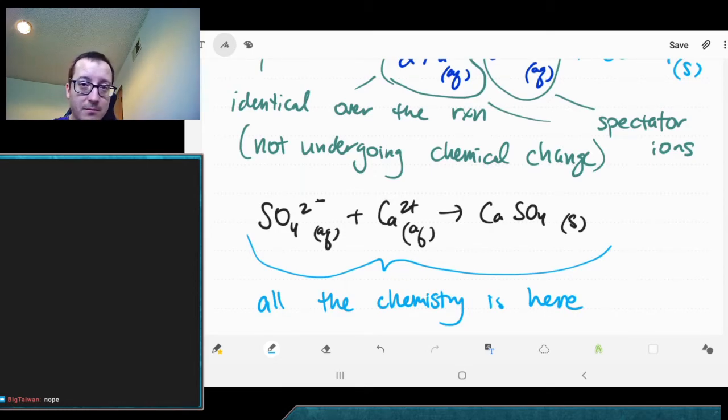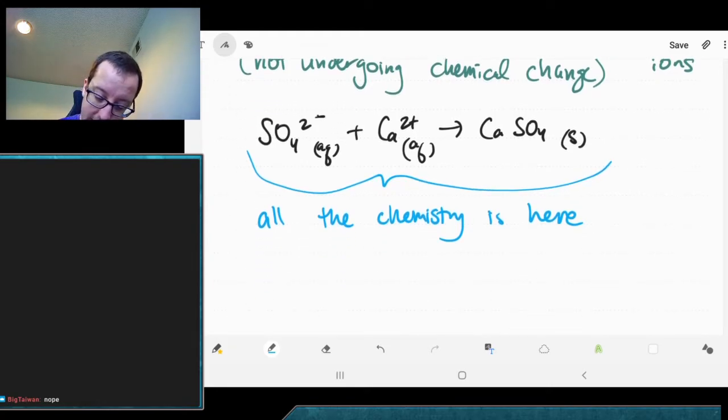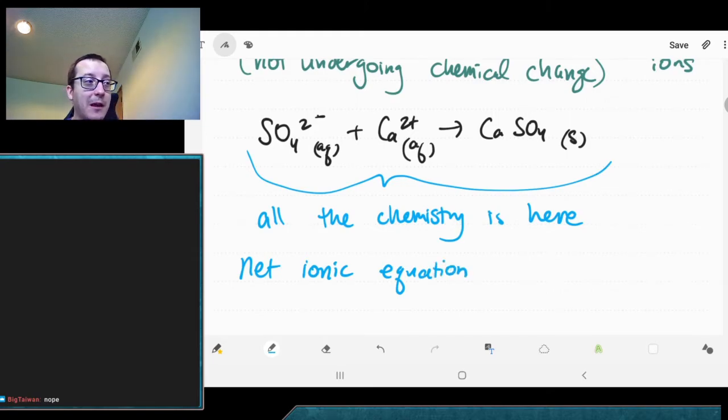If we move them away, we can look at exactly what is happening in this reaction. We have a sulfate ion and a calcium ion combining together to form calcium sulfate, the solid. All right, and so this is what is happening overall. We call this a net ionic equation. That's just showing exactly what is happening and is getting rid of all the extra stuff.